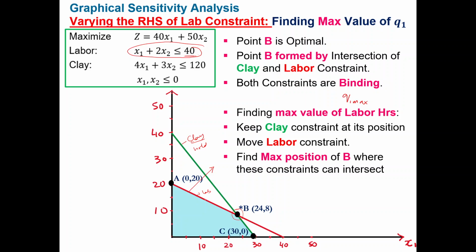As we move the labor line away from the origin, we want to see the maximum position of point B where these two constraints still intersect. So let's see how it's done.